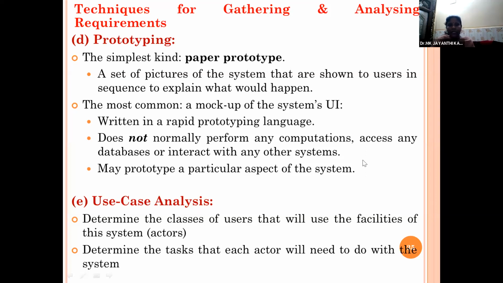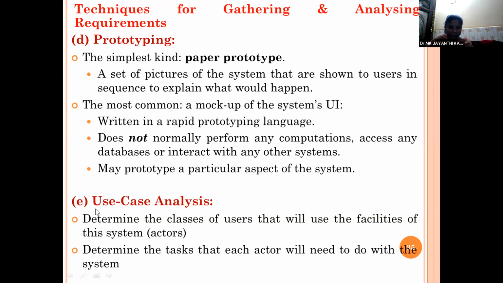So by taking the prototypes related with the project and creating a prototype model for the system, then we'll go for the requirements, or we'll go for use case analysis. In case of use case analysis, determine the classes of users that will use the facilities of the system. So we'll identify various functionalities of the project and who are all the end users of the project.